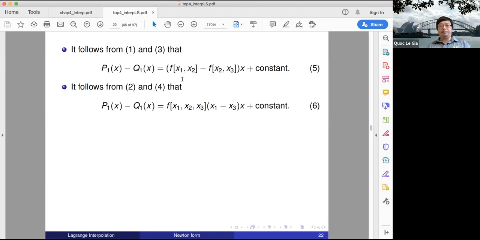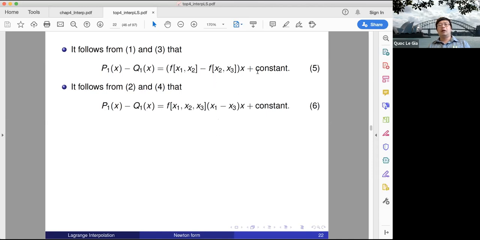And you see here, P1 minus Q1 on the left, and here P1 minus Q1 on the left, so they are the same. Therefore, the right-hand sides of 5 and 6 have to be the same.